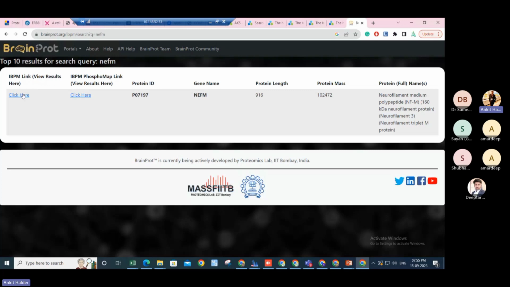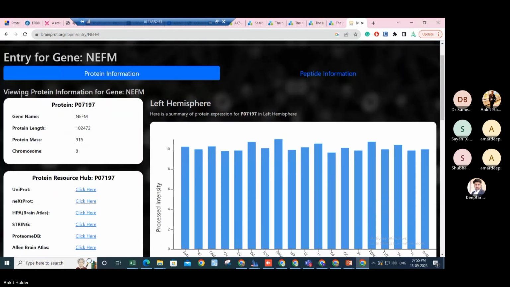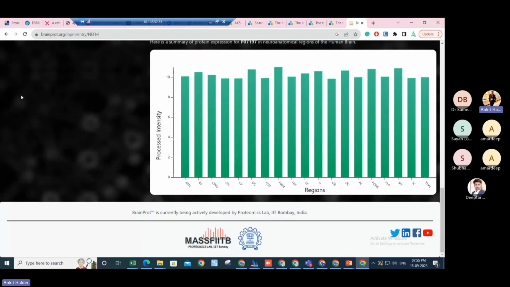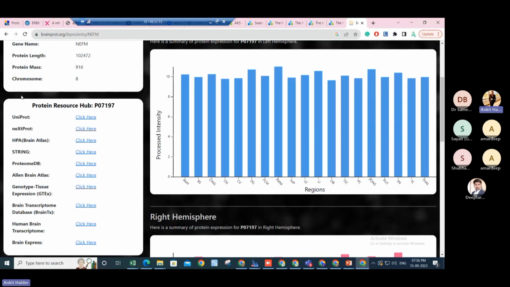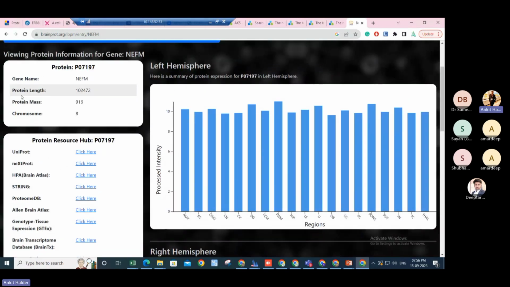This is contained within BrainProt, and it is the only resource available regarding the difference in expression level hemisphere-wise.